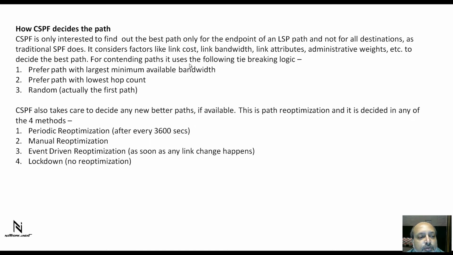So that is event-driven reoptimization. And then finally, if the network administrator is forcing CSPF not to go for any other better path, even if that is available, in that case, it is technically called a lockdown. Understood? Okay.